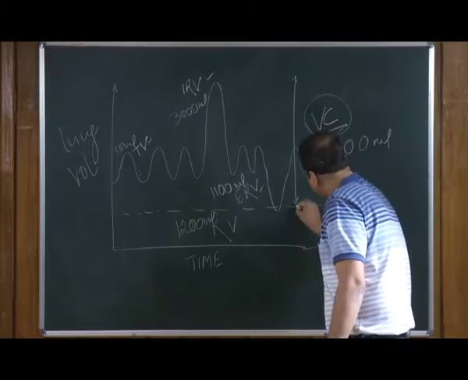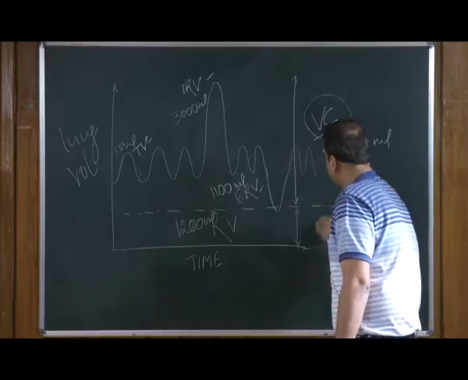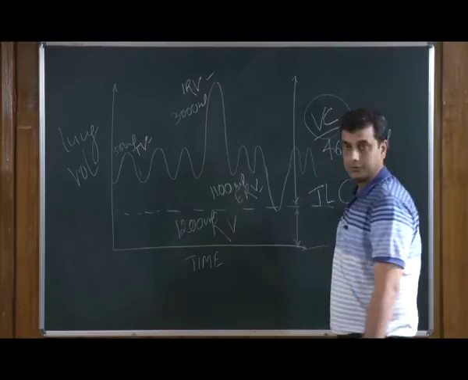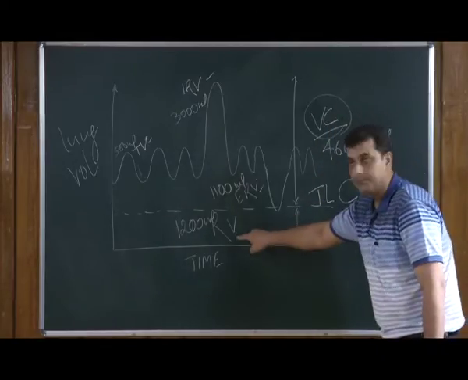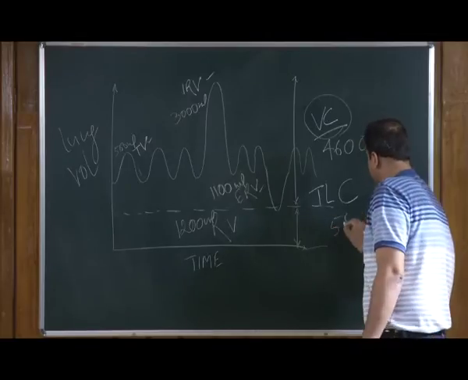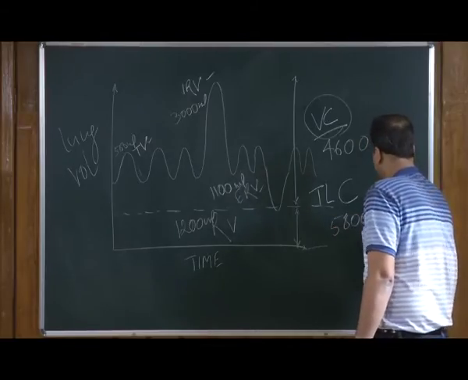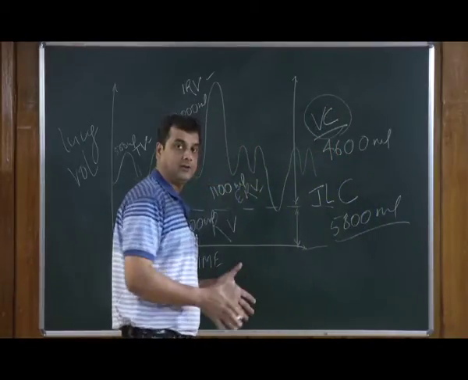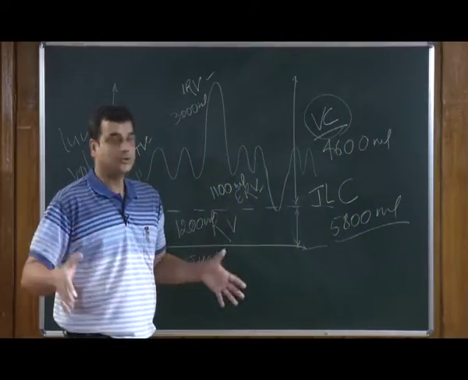And if we add the residual volume also, we call this total lung capacity. So, total lung capacity is 4600 plus 1200, which gives approximately 5800 ml of air in the chest lung cavity, or thoracic cavity.